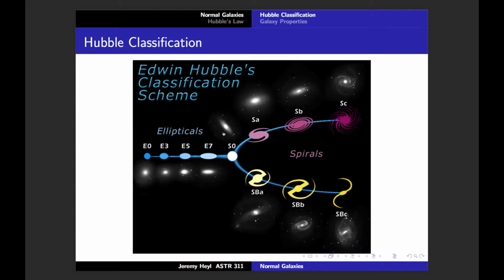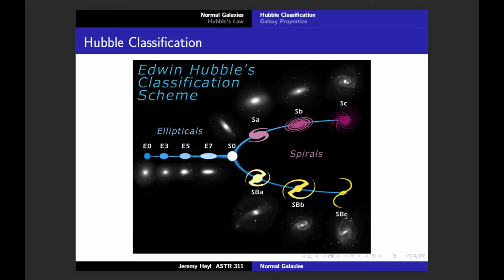But as you look at the spiral galaxies towards the left, they typically have a larger bulge compared to the disk. Their spiral arms are a bit tighter. As we go towards the other spiral galaxies up on the top sequence, you get to see more spiral arms. They can be less tightly wrapped up here, right? So they're looser, but you see more of them.